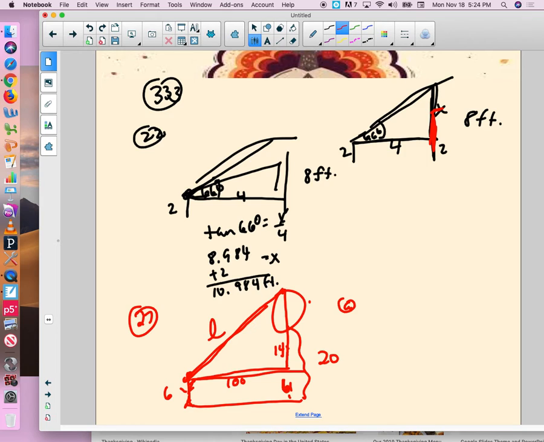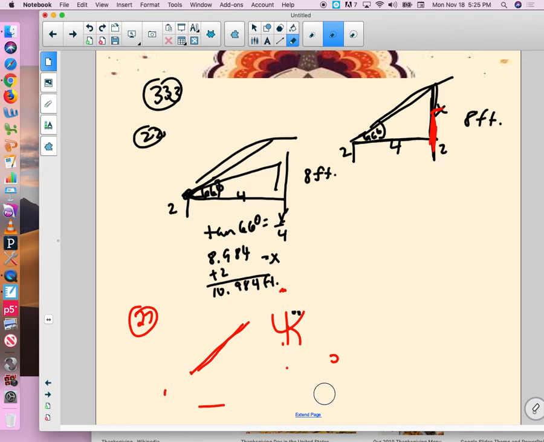They didn't tell us the height of the balloon, so this is H right here. Hang on, let me read the problem again. I'm sorry, I'm not reading it very carefully. Let me start over, so I'll read every word.